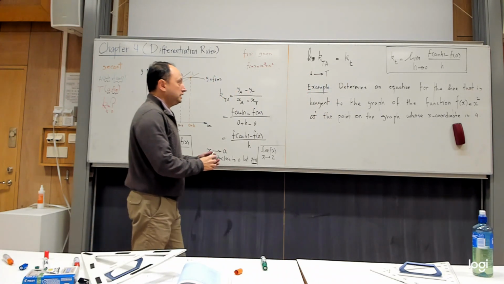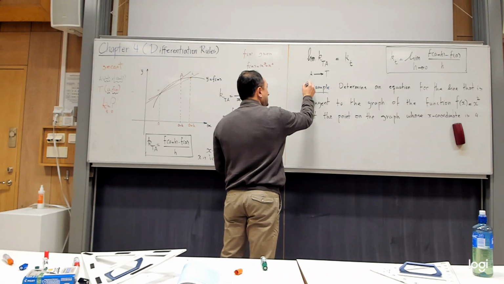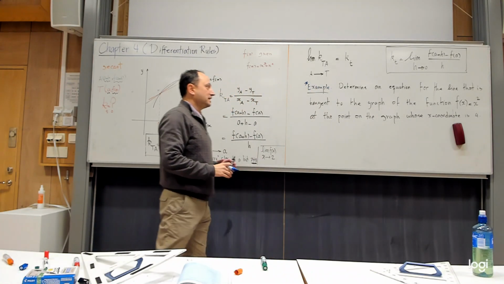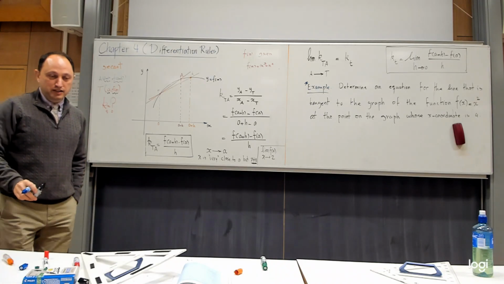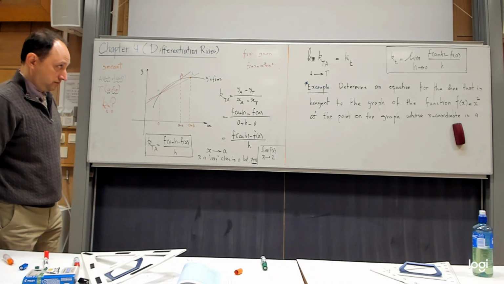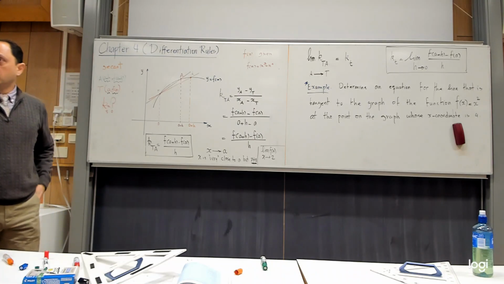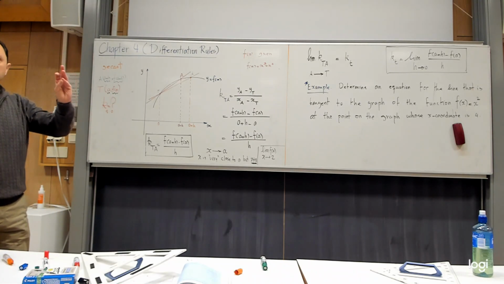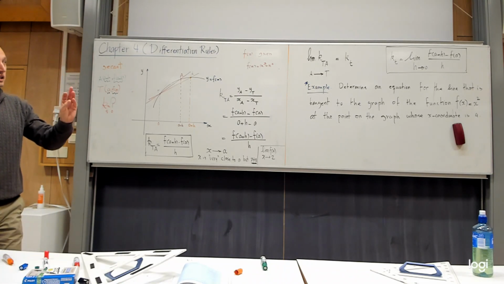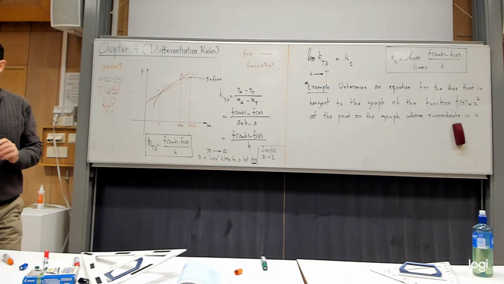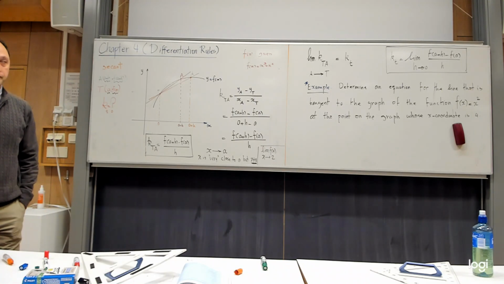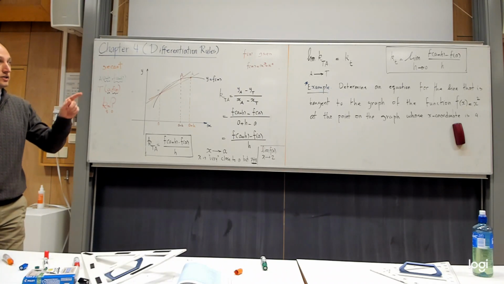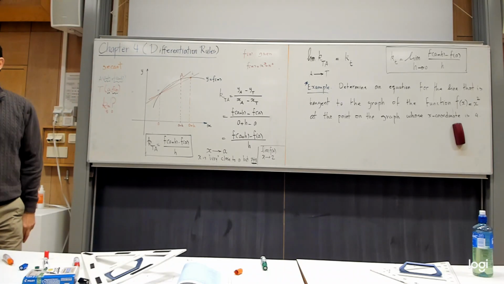I want you to really understand this example. This is a prototype example. Yes? It's like a pattern example. You need to know this very well. It's a very standard problem. I give you a function. I give you one point on the graph of the function, and I ask you to determine an equation for the straight line that is tangent to the graph of the function at the given point.